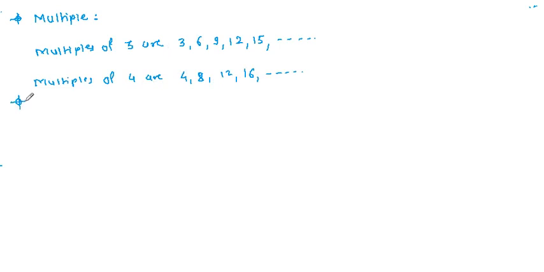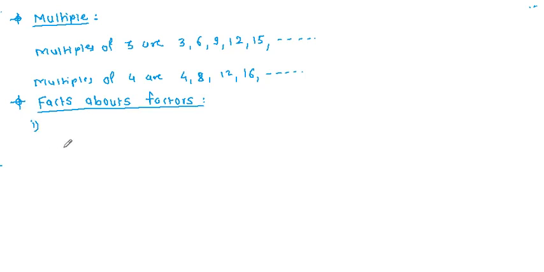Now let's see some facts about factors. We now know what factors are. Now let's learn some facts about them. The first point to remember is that 1 is a factor of every number.